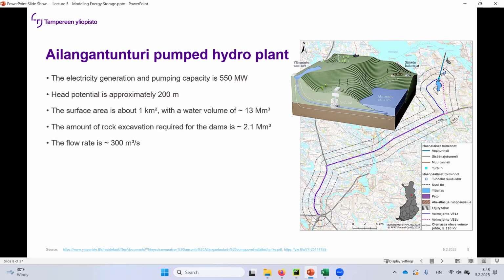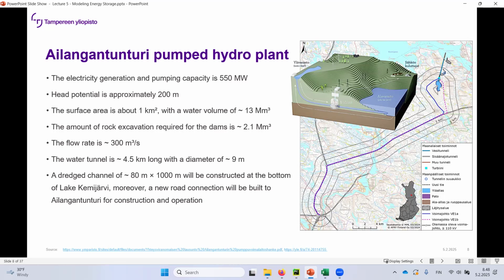Water flow rate 300 cubic meters per second. The tunnel is going to have a diameter of 9 meters and be 4.5 kilometers long. So it's a massive excavation project, and then you have to build a lot of power lines as well. So it would be an investment of approximately 800 million euros.